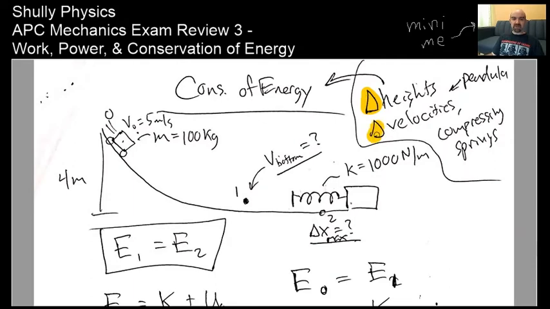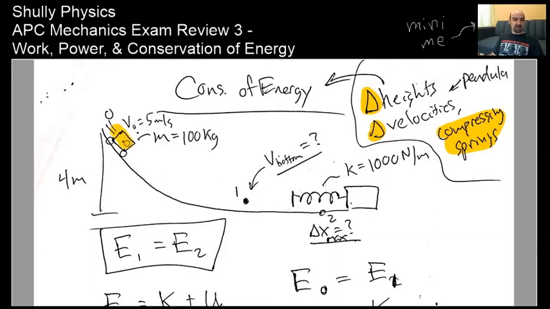If there are changing velocities, is there a change in kinetic energy? Then there's work done, and that work will give you a change in kinetic energy and a negative change in potential energy. If there are any springs involved that are compressing, you'll probably want to turn to conservation of energy. All right, so in this scenario, there's a little bit of everything.